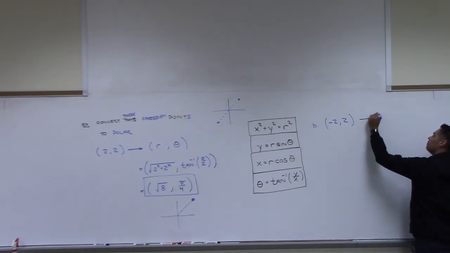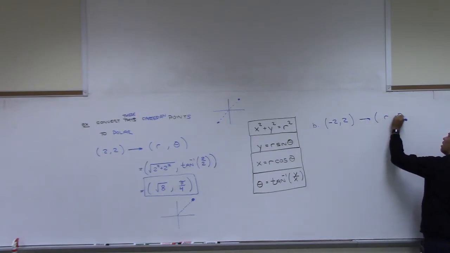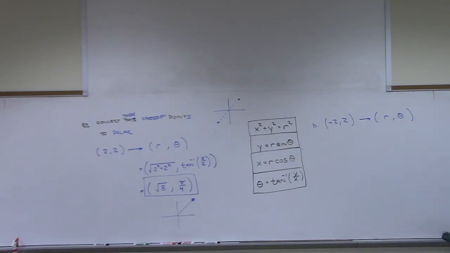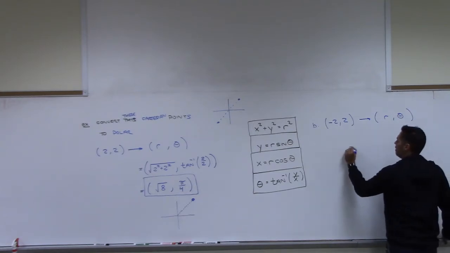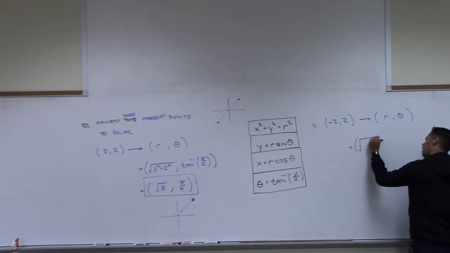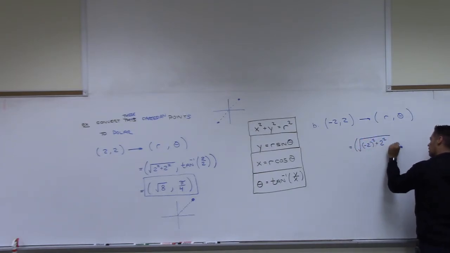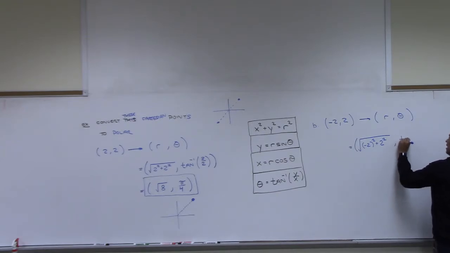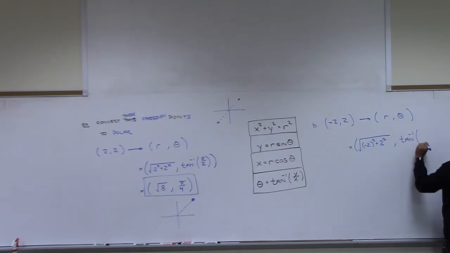So I'm going to go, r theta is where I'm headed, right? R is going to be the square root of negative 2 squared plus 2 squared. And then theta is arctangent of 2 over negative 2, right?